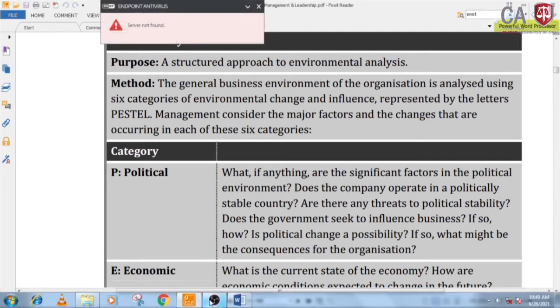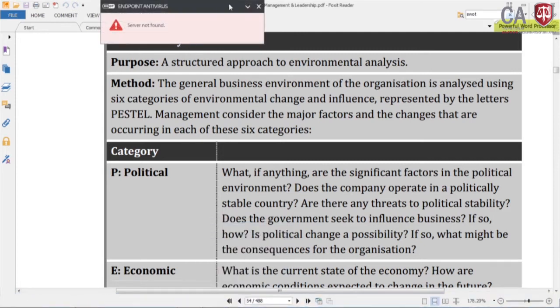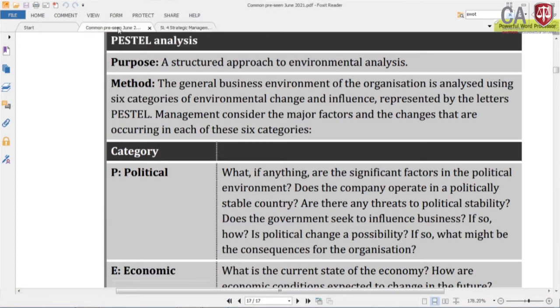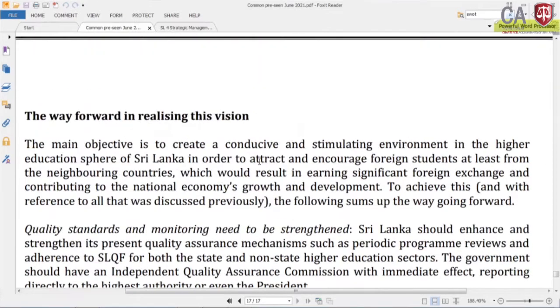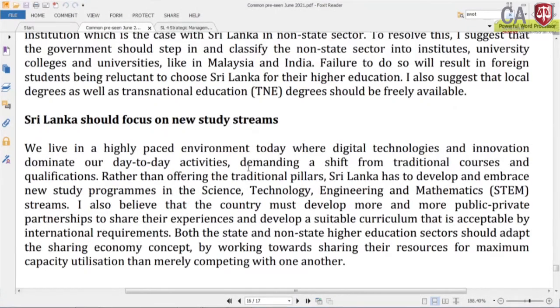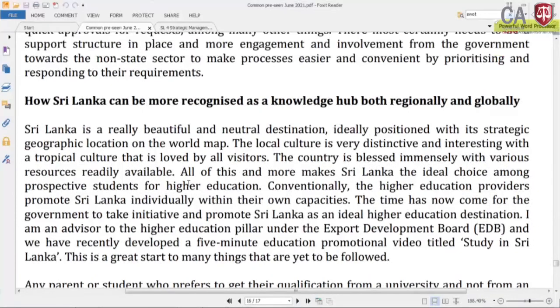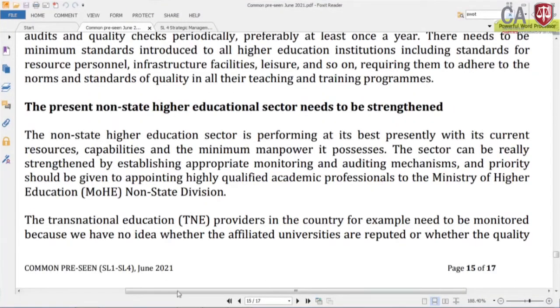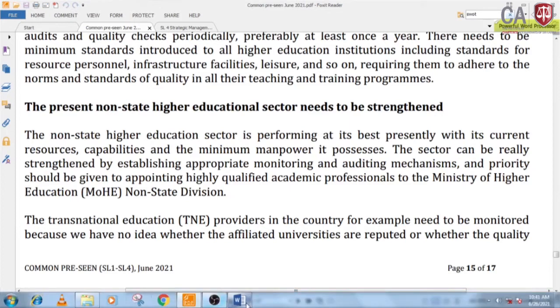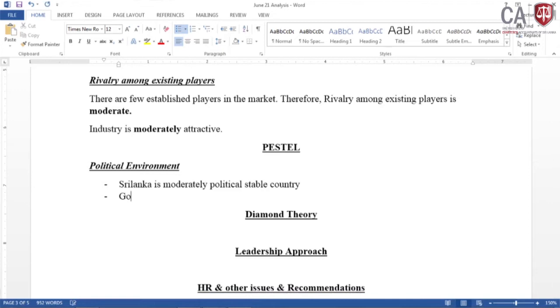For example, they have now sorted out some of the problems they earlier had regarding regulations. So, the government is planning to expand this industry and is supporting it.